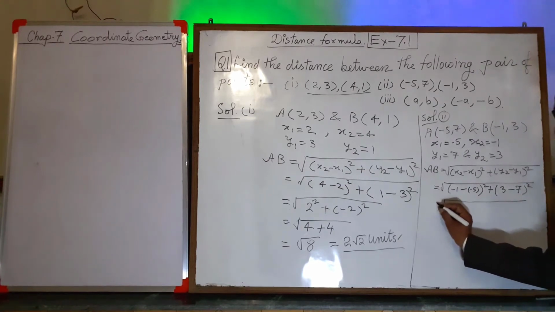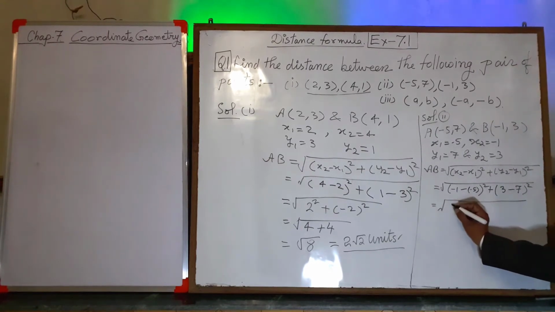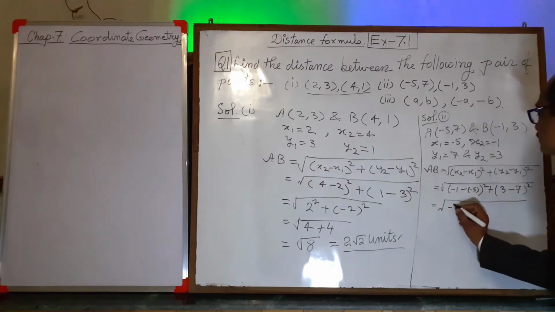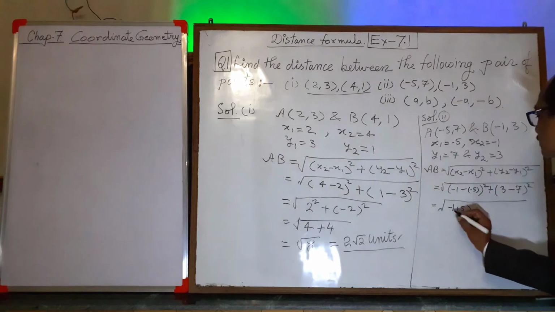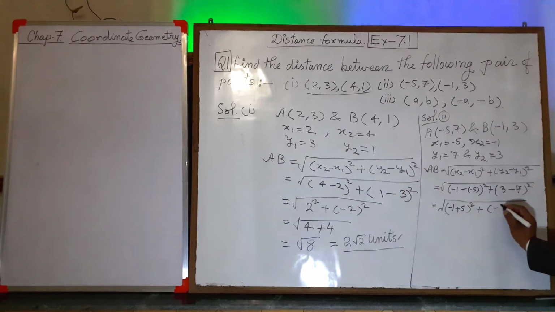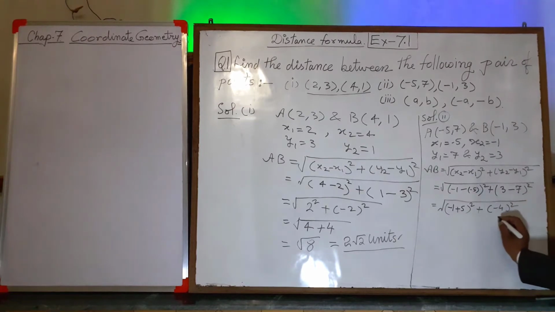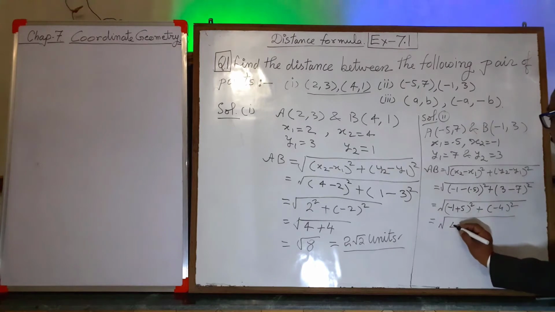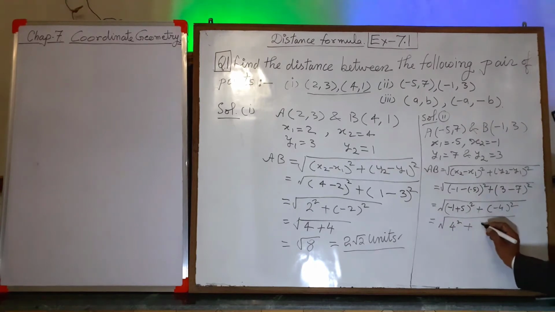So you can see it is coming minus 1 plus 5, whole square, plus minus 4 square. Now in the next line we can do 4 square plus minus 4 square.